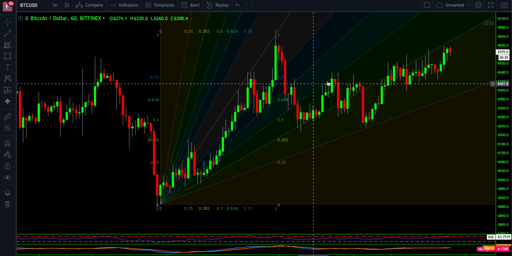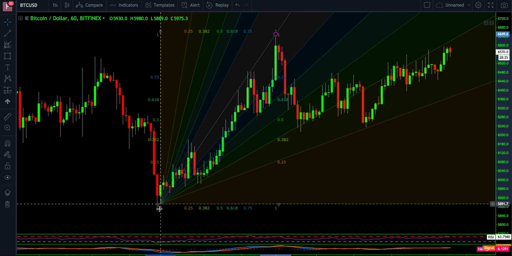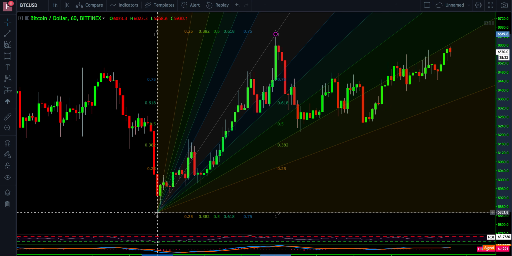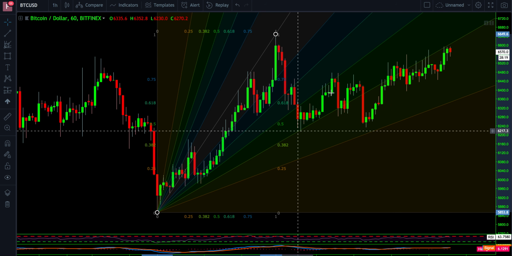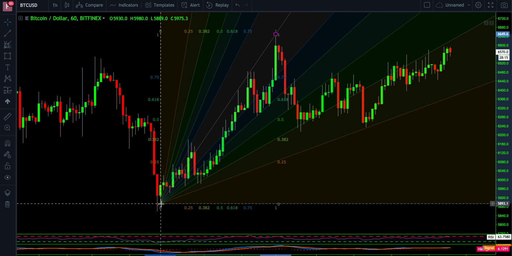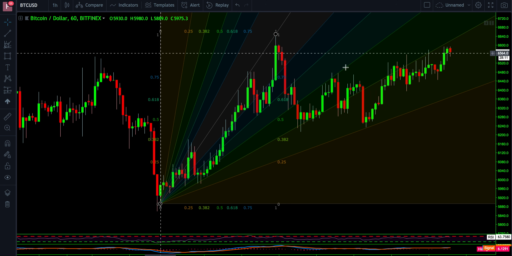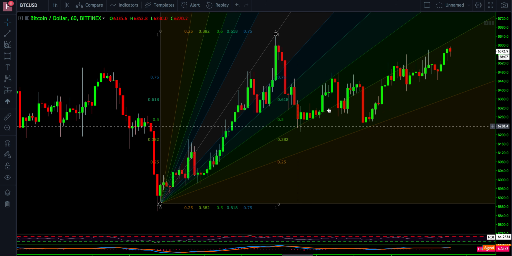Support, resistance, resistance, support. So that looks a lot better to me than this one here. This one here looks off. You see how it's kind of like missing it a little bit? I definitely think this would be the better option here. So don't be afraid to play around with these until you find the correlation with it. That one clearly is the correlation here.